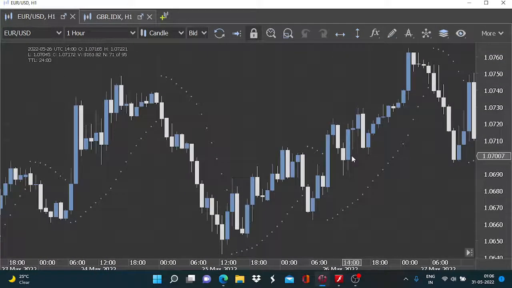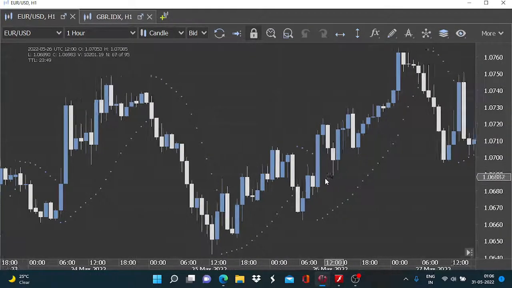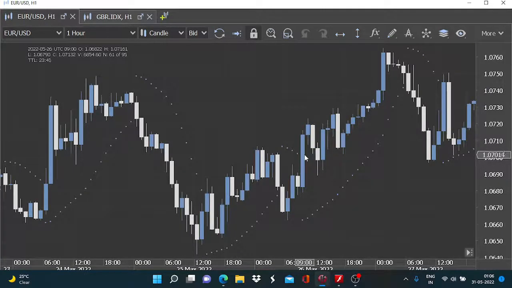So let us go back in time. Somewhere here we do have the last hourly candle close happening above the SAR's output value for the prior hour. So here this does satisfy our condition, and then we also want that hourly candle's closing value to be higher than the opening price. So that condition is also being fulfilled.